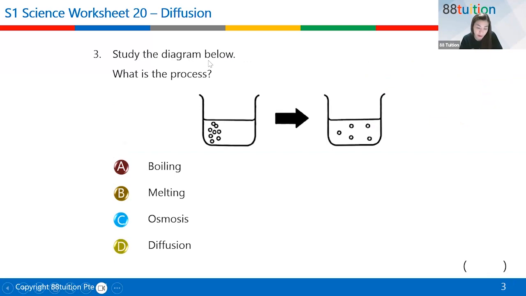Okay, study the diagram here. What is the process? I mean, we're on this topic, diffusion, right? We also saw in the two different videos how when you put, let's say, coloring in water, they gave the example coloring, they also gave perfume. It's not going to stay in one corner or one side of the container or the room, or in this case, the water.